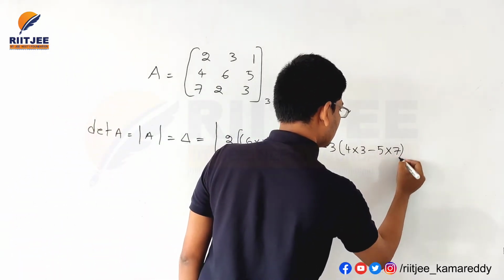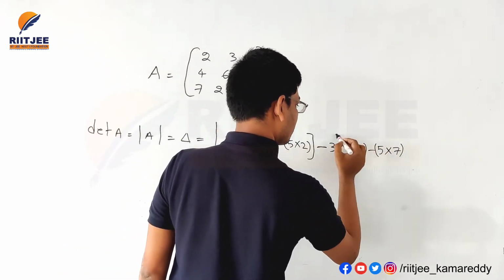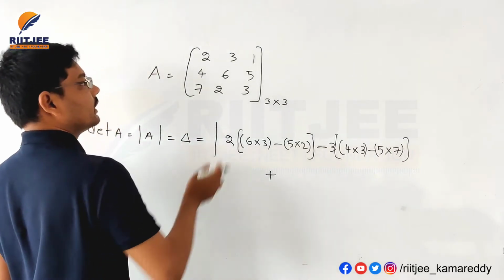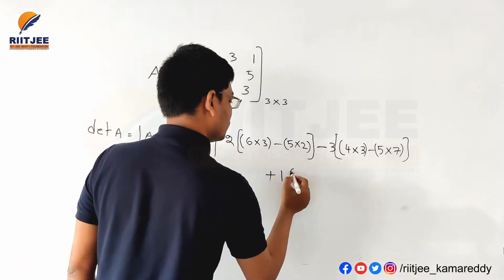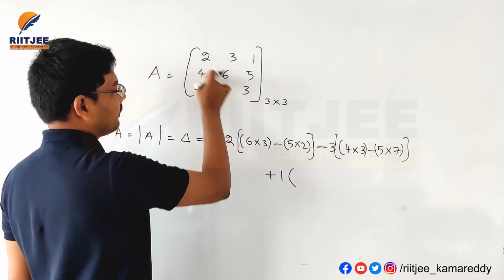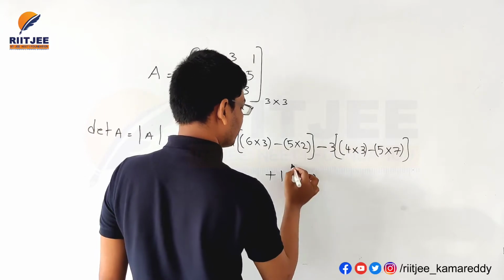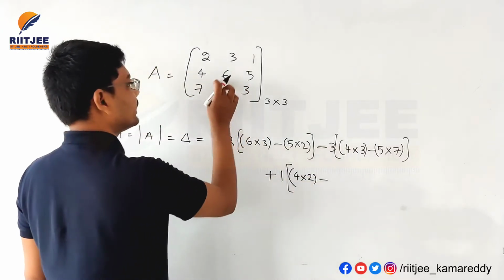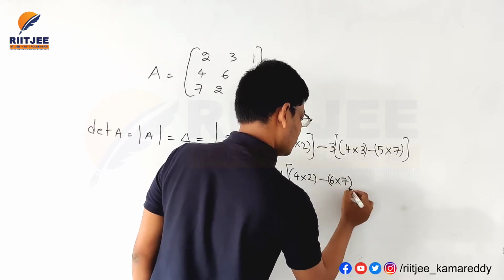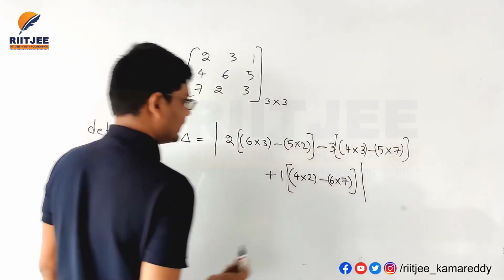Plus, the third term is 1 into the determinant of the remaining values: 4 into 2 minus 6 into 7. Close the modulus here.